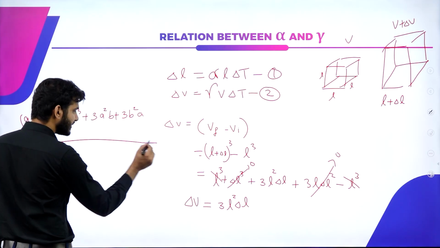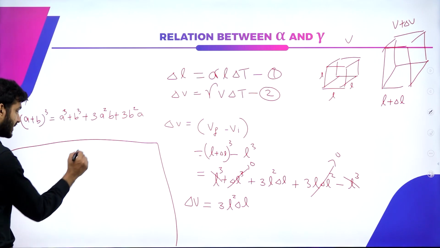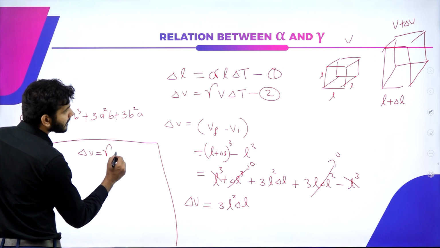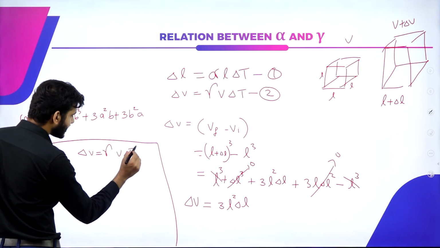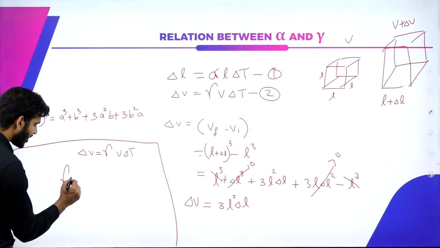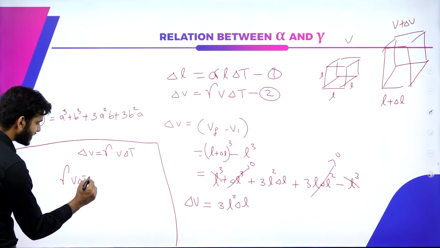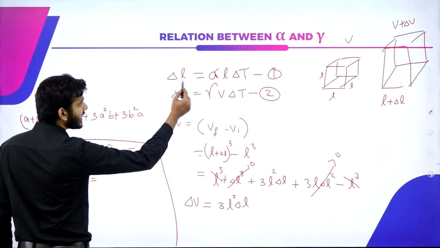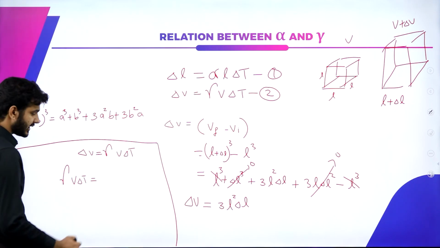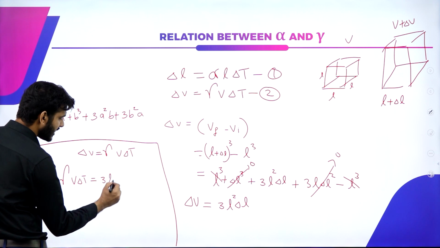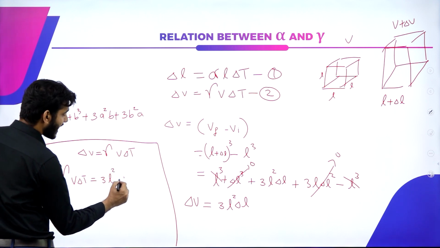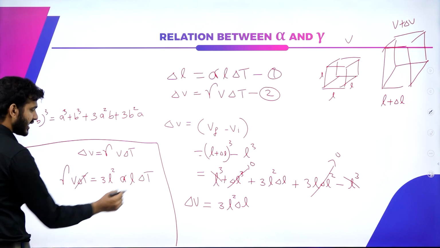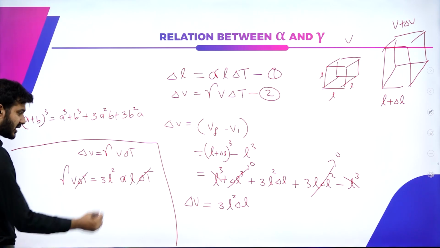Again, we are doing the same procedure: delta V is equal to gamma V delta T. So gamma V delta T will be equal to 3L square delta L, and delta L is alpha L delta T, so it is 3L square alpha L delta T. Delta T and delta T cancel each other out.